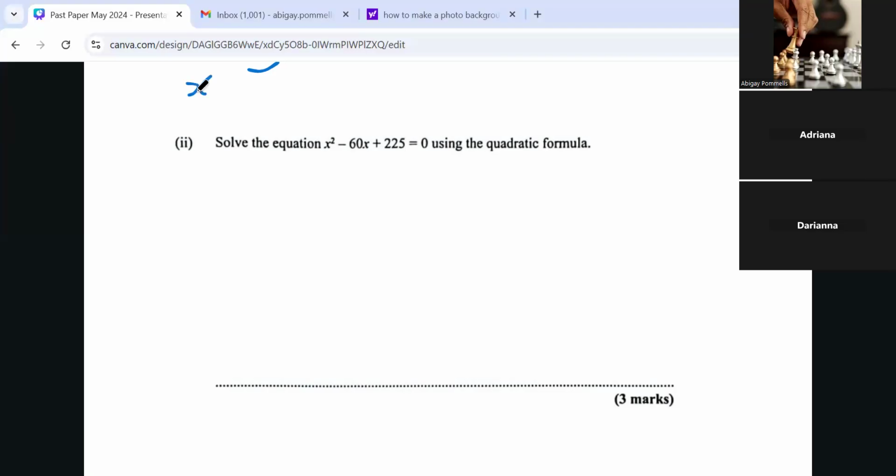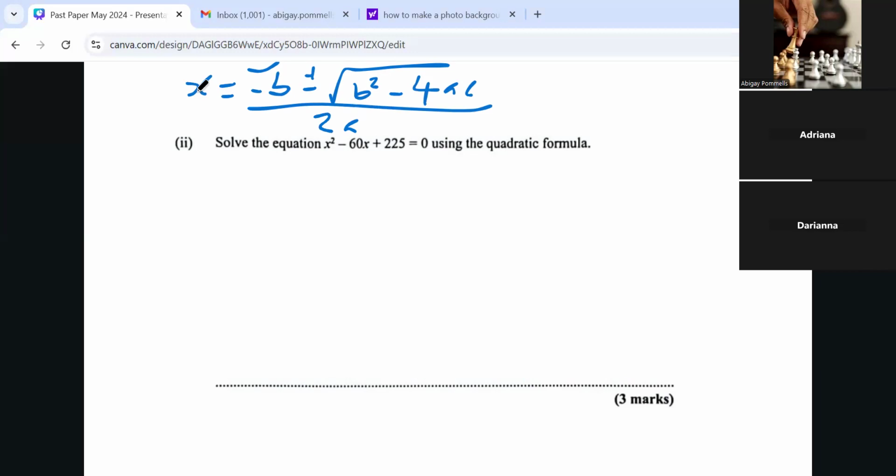It's x equals negative b plus or minus the square root of b squared minus 4ac, over 2a. Make a note of that. So that is the quadratic formula.